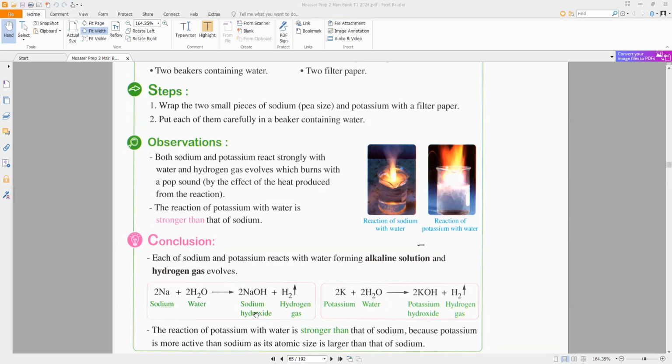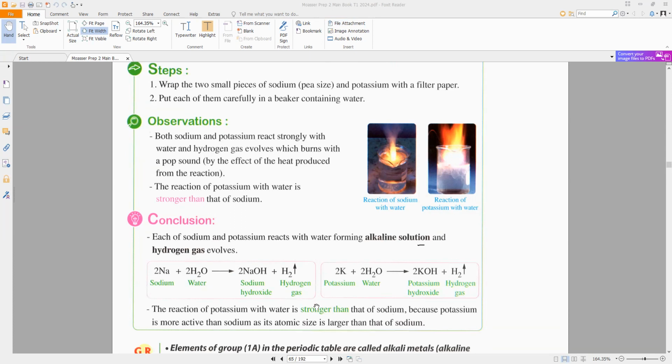So when sodium reacts with water, sodium hydroxide alkaline solution forms, and hydrogen gas evolves with a pop sound. When potassium reacts with water, it forms the same kind of product, potassium hydroxide alkaline solution and hydrogen gas evolving with a pop sound.